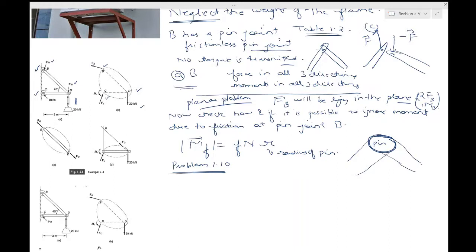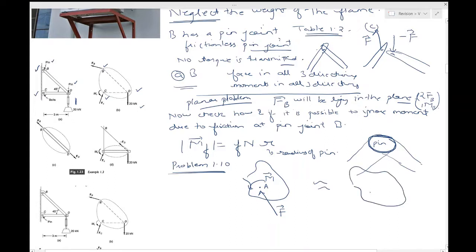What it tells you is that if you have a system with a force and a moment at a given point, this is equivalent to having a force at a distance A from the original point.